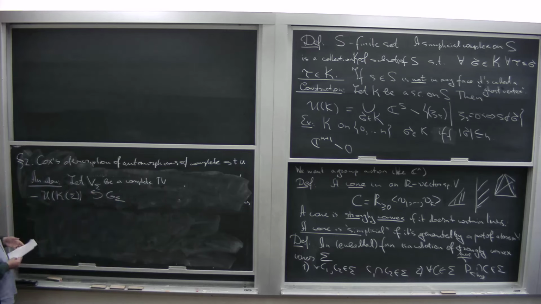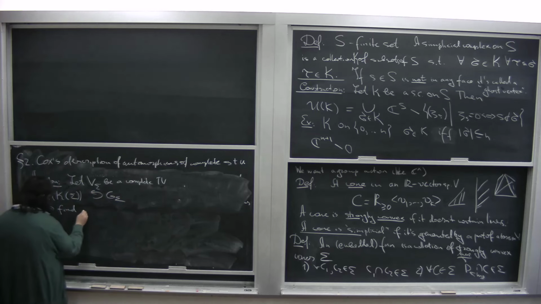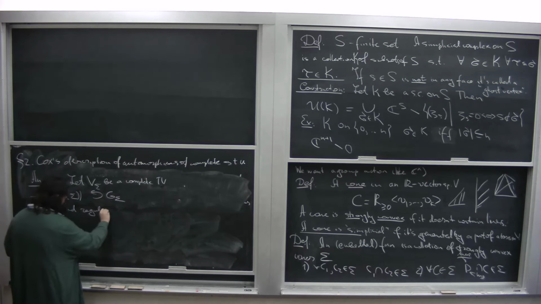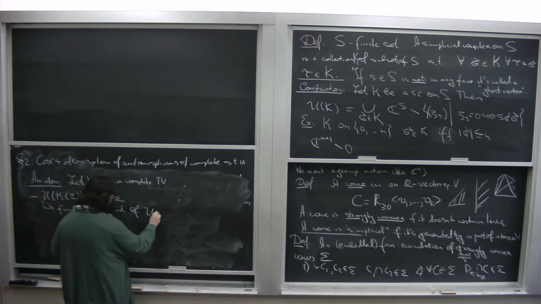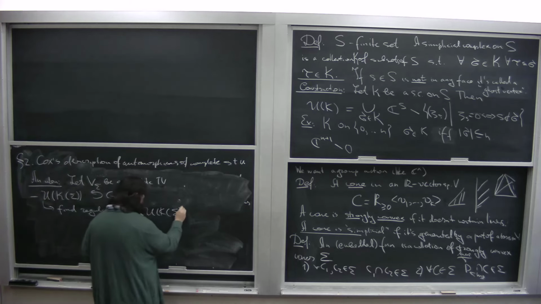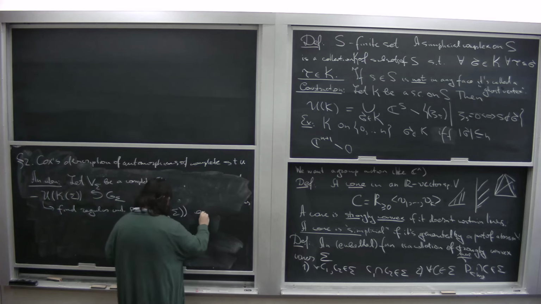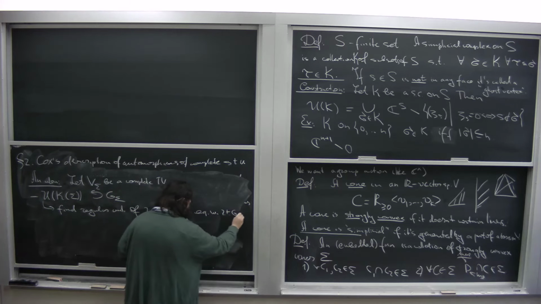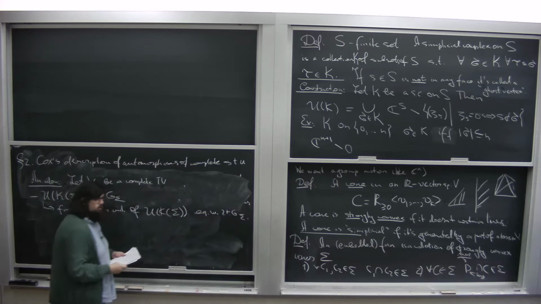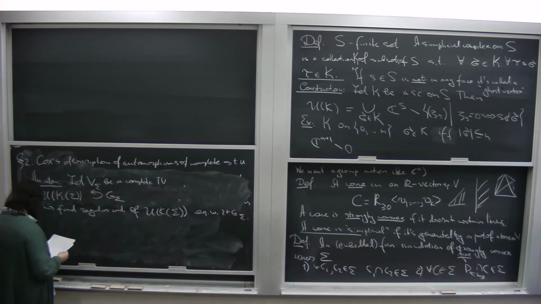So the strategy of Cox is to find regular automorphisms of U sigma, which are equivariant with respect to G sigma. So that's the first part of the strategy.